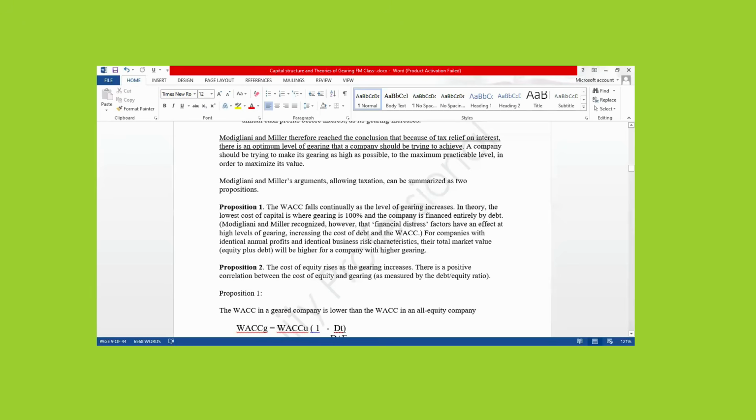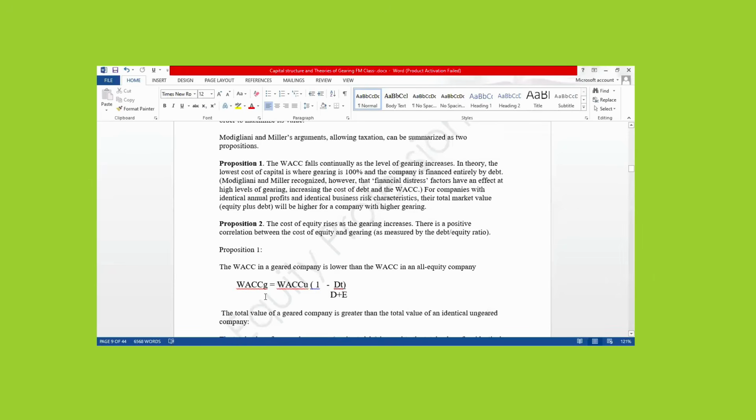An ungeared company is also called an all equity finance company. So the WACC is lower in a geared company. Look at it. Weighted average cost of capital of geared is equal to WACC of ungeared multiplied by, this is a bracket. This is a big bracket.